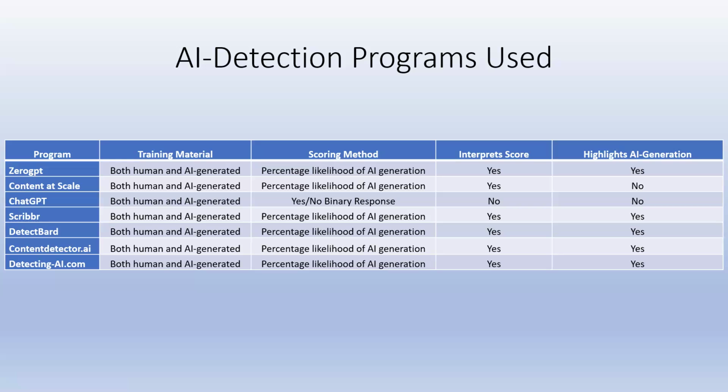They have all been trained on both human and AI generated material and have been shown to be used very frequently and very regularly by instructors of English composition courses due to the fact that they are extremely easy to access.